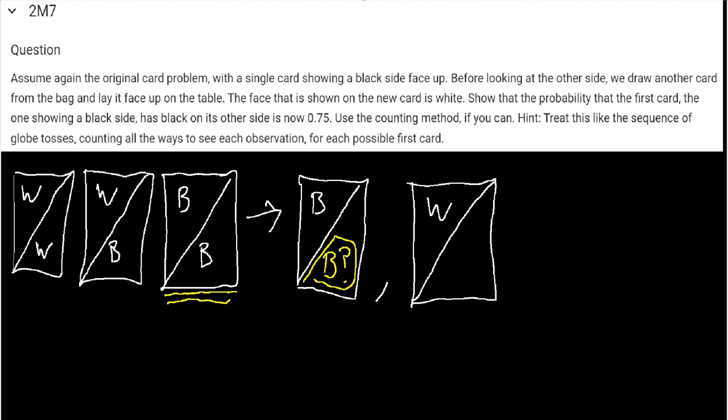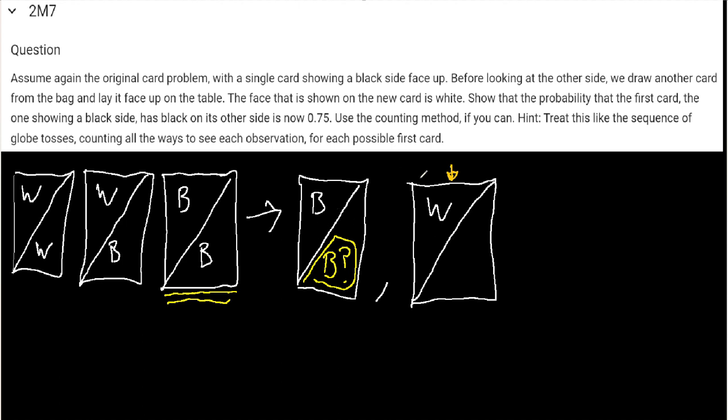So on some level, you should have the intuition that because we get to see a second card here, even though this doesn't directly tell us what the other side of card 1 was, there is some information. And the reason that there's some information about seeing this second card and that it has a white side is because the second card that we drew is dependent on the first card we drew, right?